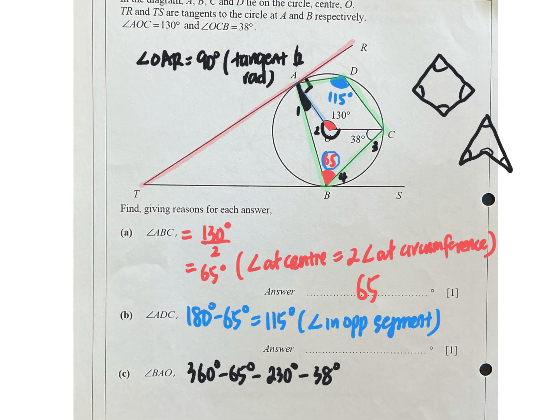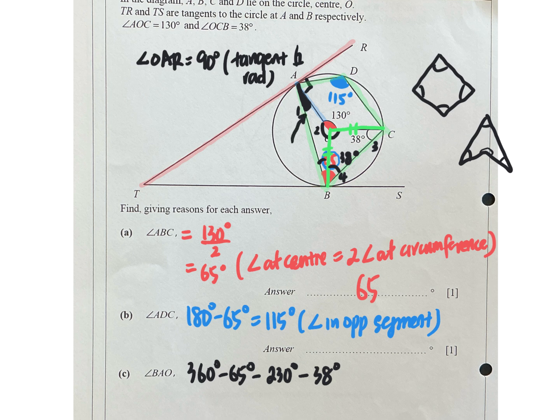Someone found an easier way out. If you draw a line here, can you see you have an isosceles triangle? So this part here becomes 38. So if you find this, you can find this.